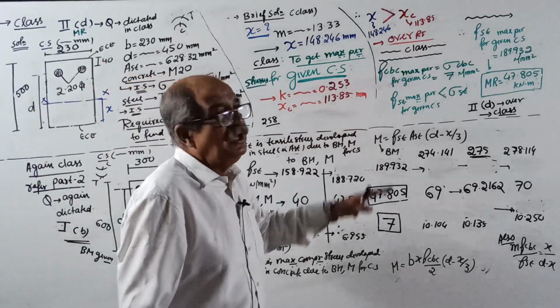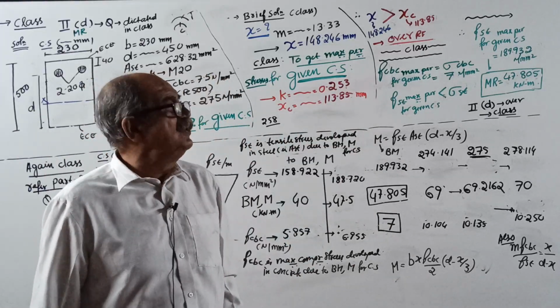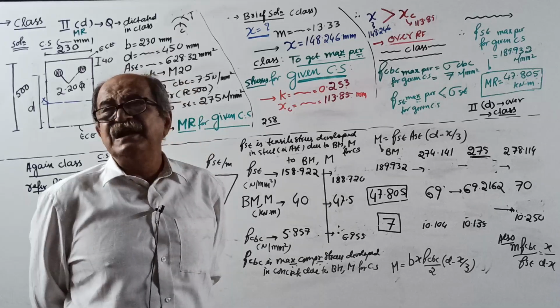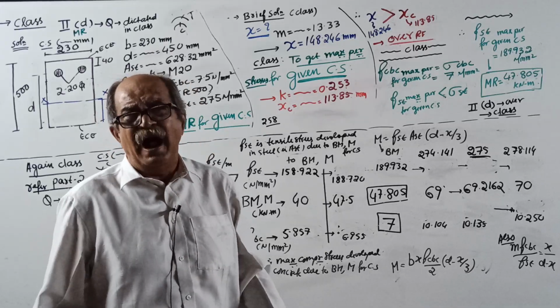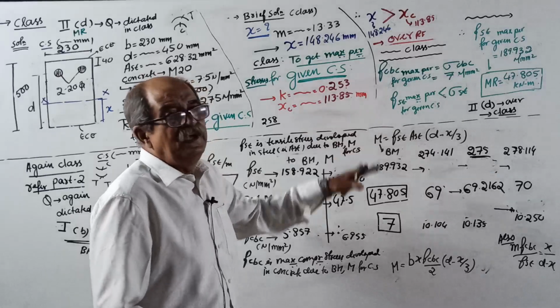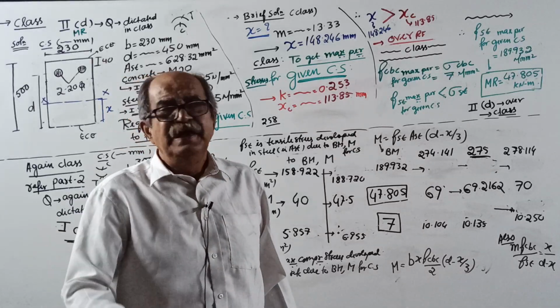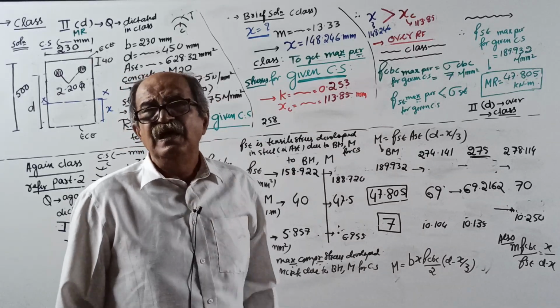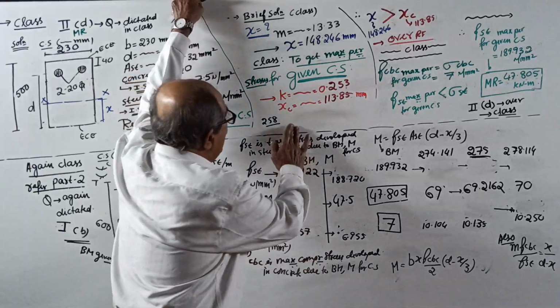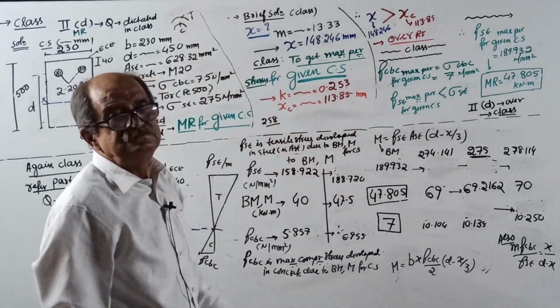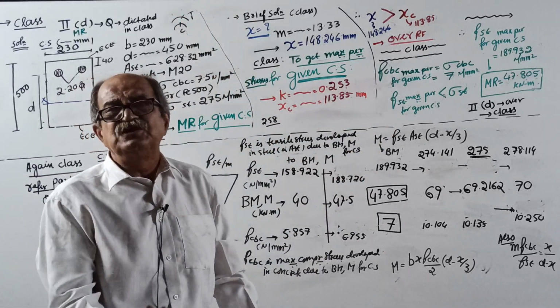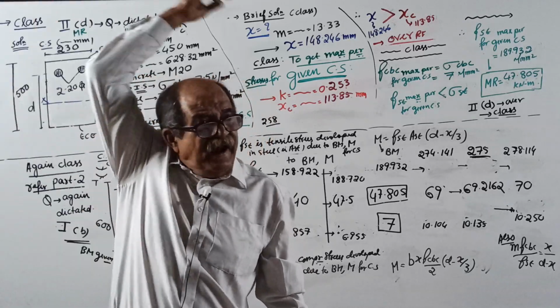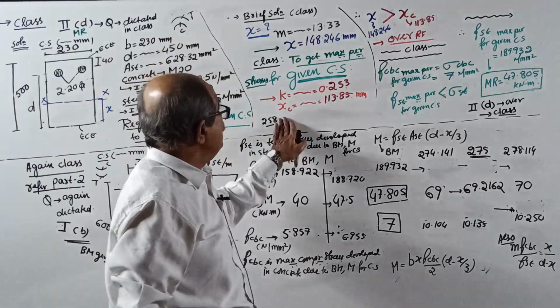Only for those people who want the concept. Someone told me earlier that in tension doubly, the equation is not there. I told him, what not there? If MR is there, if a bending moment is applied, there is an equation. I will derive it in the class and show that the answer will come the same. But it is unwanted. It is like, instead of eating this way, eating all around this way. Don't do it. So that I will tell you later.